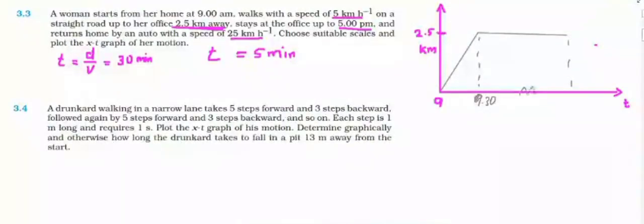We can adjust the graph with the kink here, a mathematics method you have studied. So till 5 o'clock she is in the office. Then in the next 5 minutes she returns home. So this is 5 hours and 5 minutes. When she goes back home, you will get the graph like that.